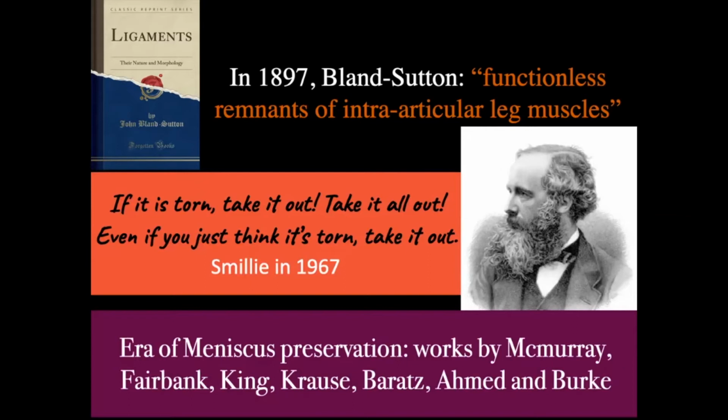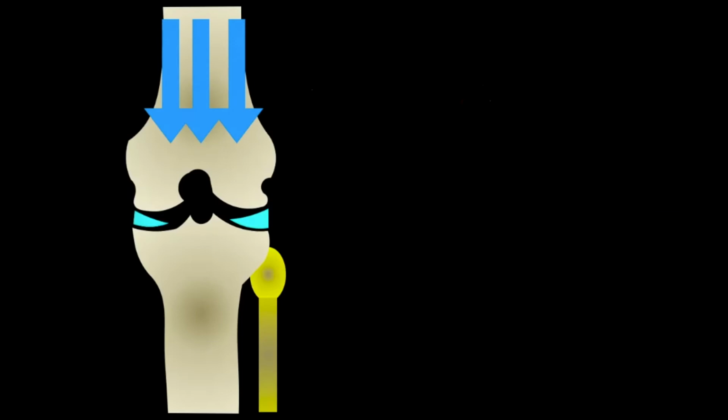But nowadays, this is the era of meniscus preservation whenever possible, because of work by McMurray, Fairbank, King, Krause, Barres, and Ahmed and Buck, who proved that meniscectomy is not a procedure devoid of complications, and the knees which had meniscectomy have a worse prognosis than meniscus-preserved knees. This animation shows that in knees with a preserved meniscus, most of the load is absorbed by the meniscus because of its hoop stress, and less weight is transferred towards the tibia.